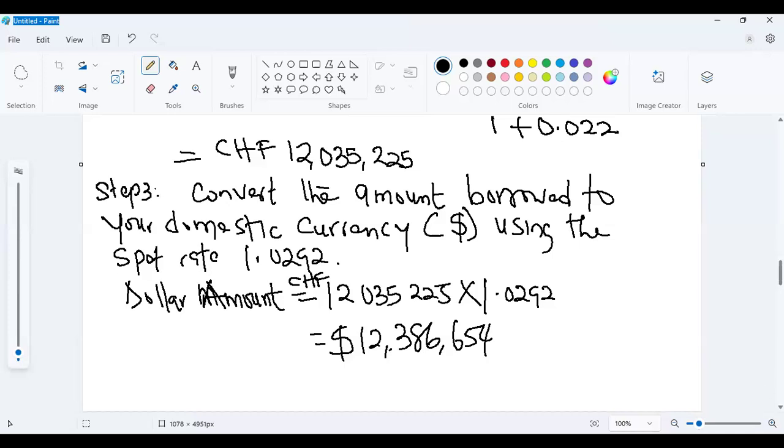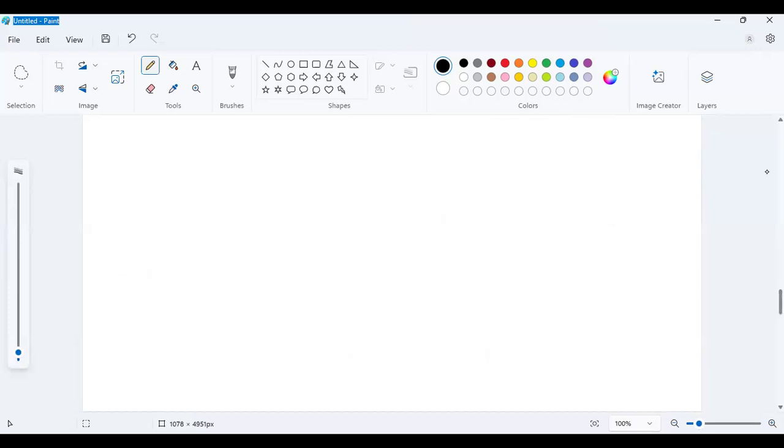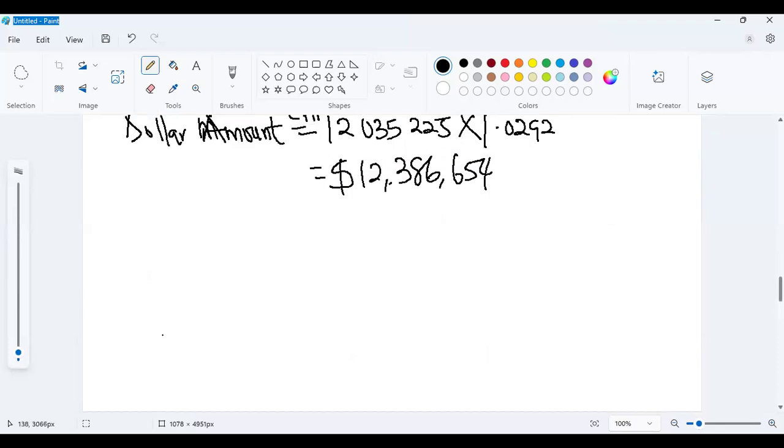Your step 4 now, you are going to invest this amount in your own domestic money market. In this case, US money market. Step 4.